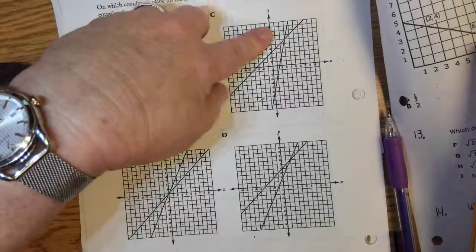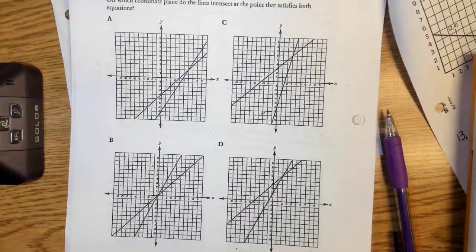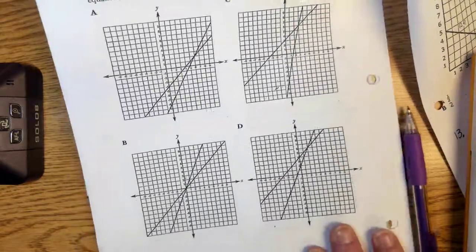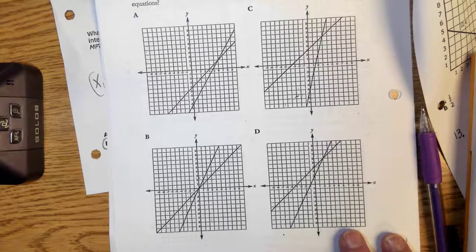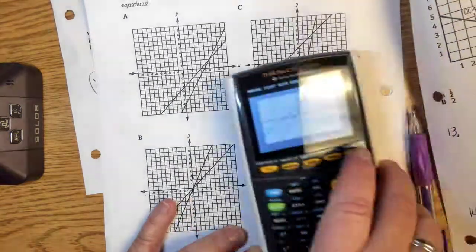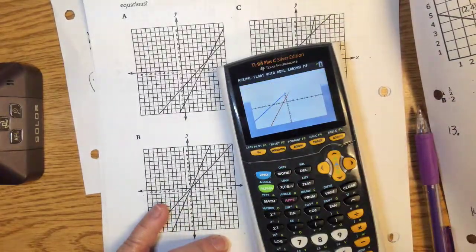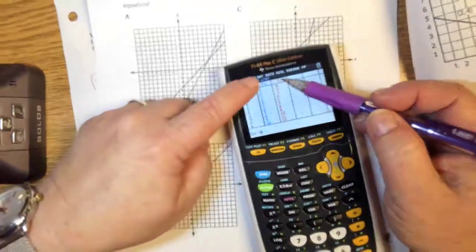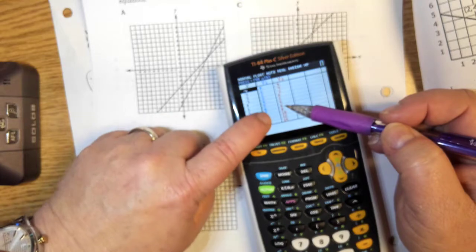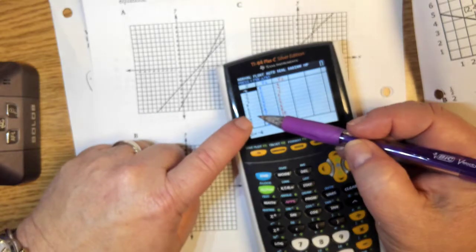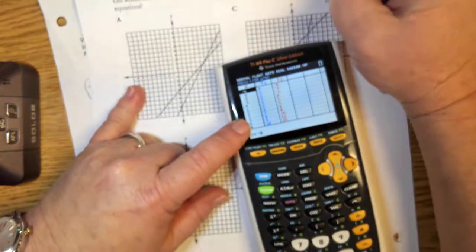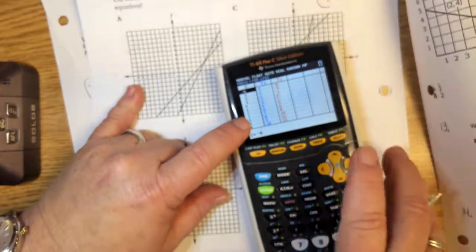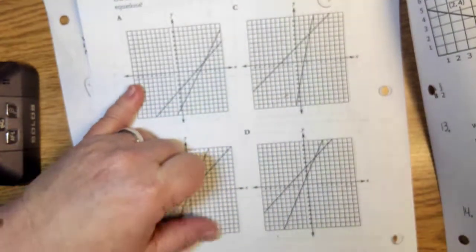This one and this one, C and D, look pretty close, don't they? So another solution is to go to my second table and find where my y values are the same, and find my x value. So I know my point now is at 2, 6. That's what I'm looking for, where they intersect.